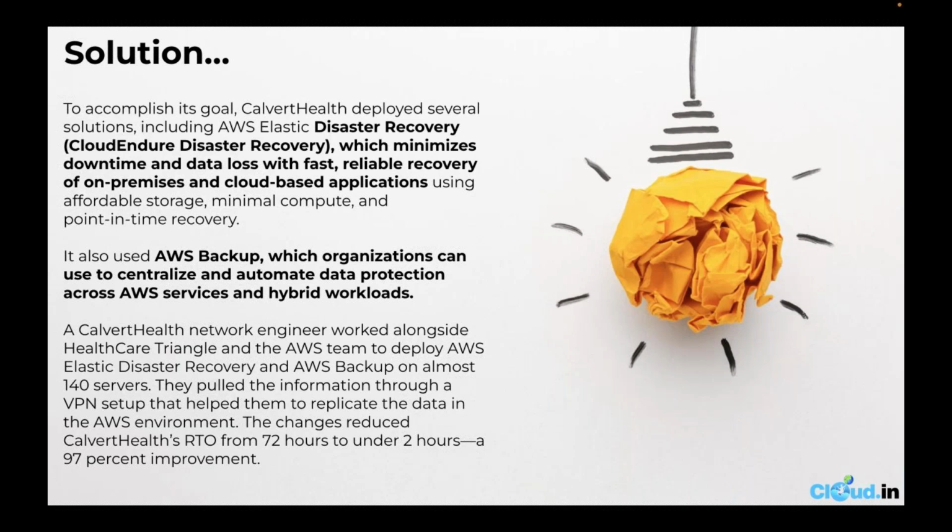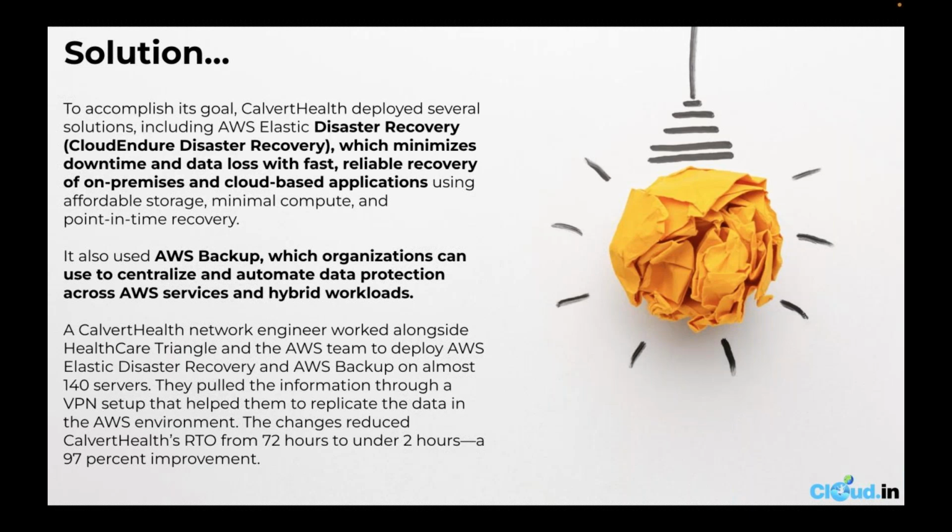And this helps them minimize the downtime and also the data loss with fast and reliable recovery of on-premises and cloud-based applications. So using this actually provides affordable storage, minimal compute, and point-in-time recovery. So this service also reduces the cost by giving them a resilient infra in return.